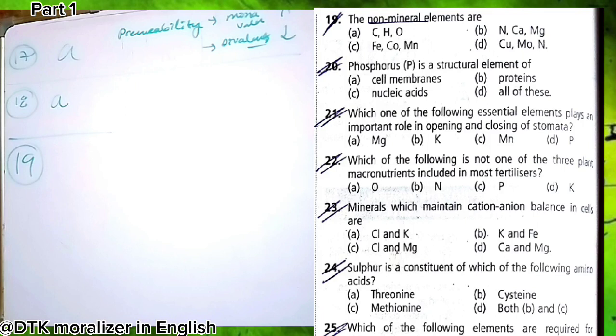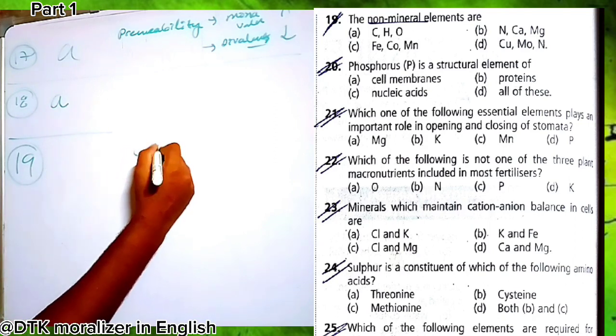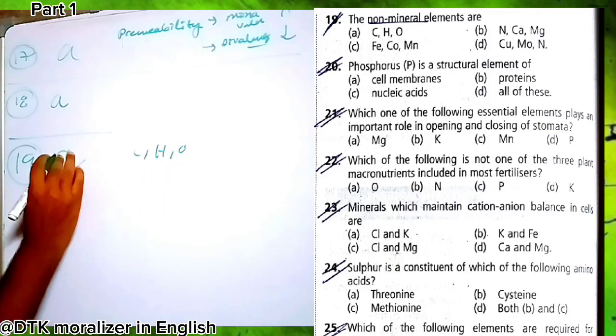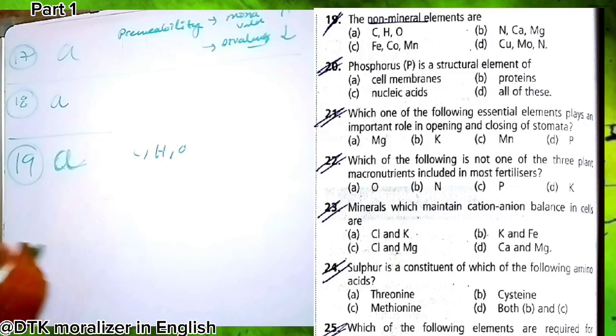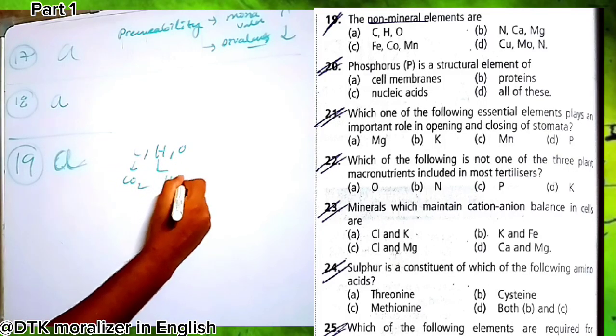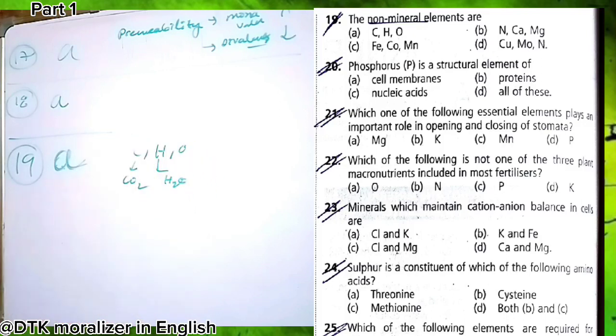Question number 19. The non-mineral elements are CHO, NCA, Mg, iron, cobalt, manganese, copper, molybdenum, nitrogen. As you can see, non-mineral elements are those which are not obtained from soil. So here it is CHO. Option A is right.